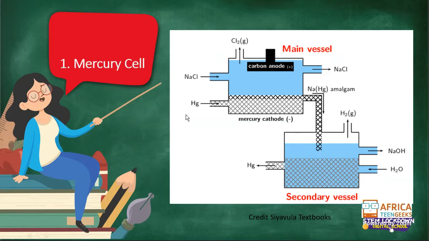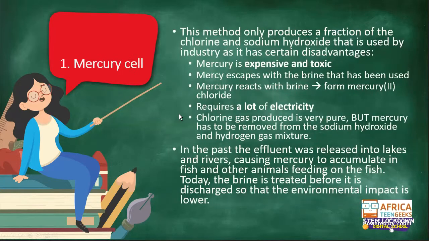Okay. So this is the one way you can do it, but there are a few advantages and disadvantages to it. The first disadvantage is that mercury is very expensive. It's used in industry, at chemical companies, and they use these cells.